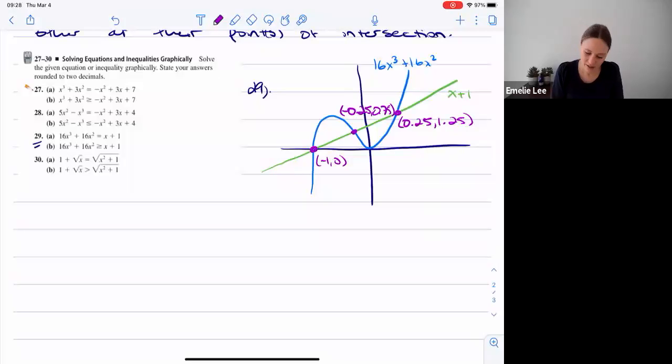So now, for part A, I want to know where these two graphs are equal to each other. Well, that would be at the points of intersection. So what we can do is, and I'm just going to do it the way that WebAssign usually wants your answers, as a comma-separated list, right?